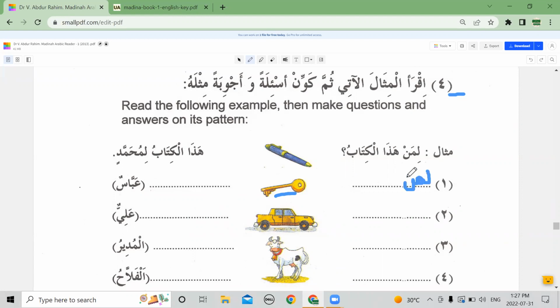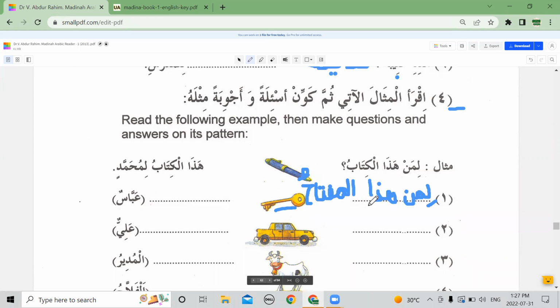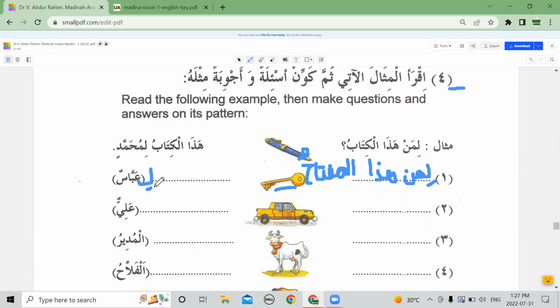Liman hadha al-miftahu. And the answer, you'll write the same thing: hadha al-miftahu li Muhammadin. Here the answer is Li Abbasin, so we'll just say Li Abbasin.